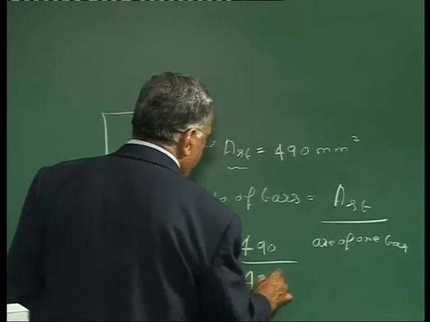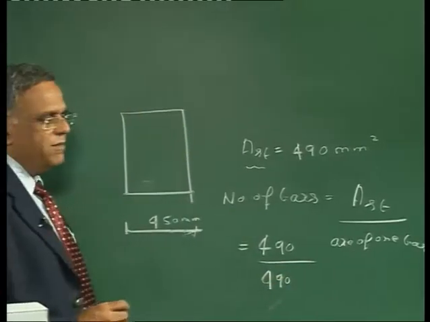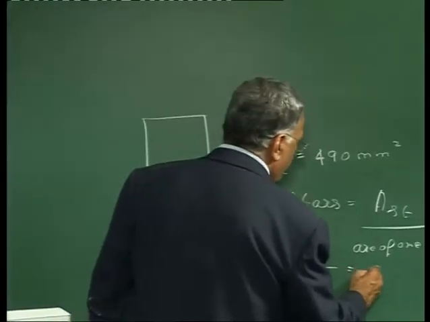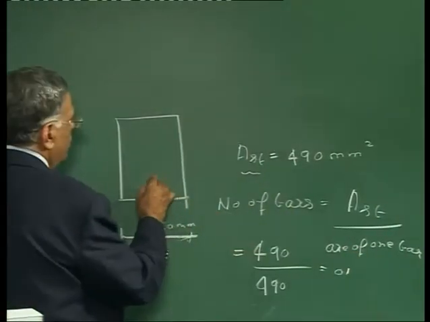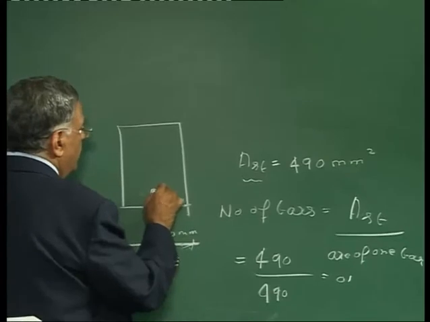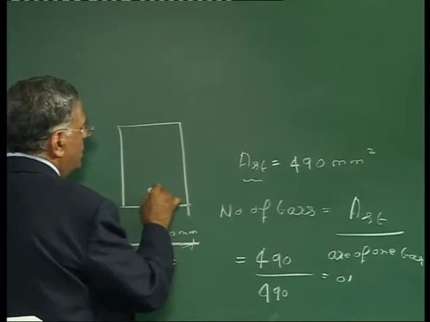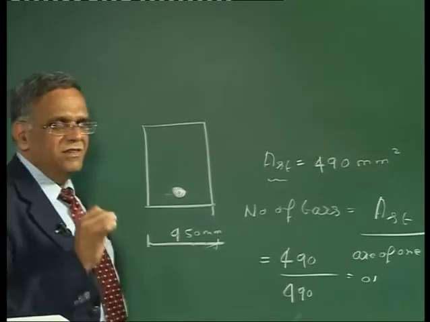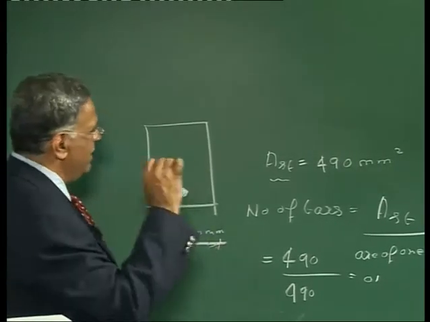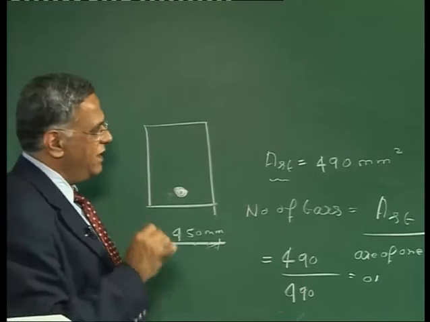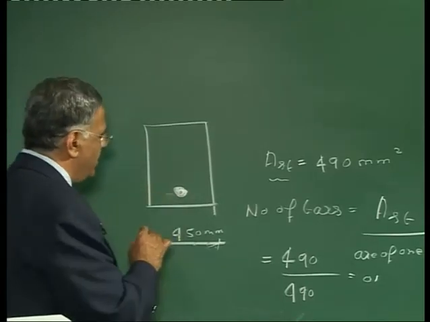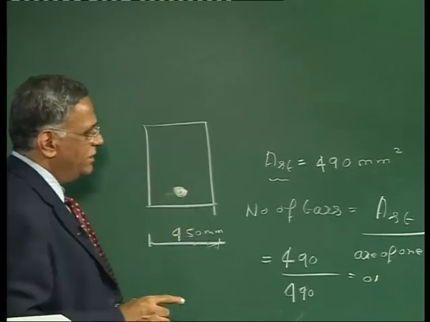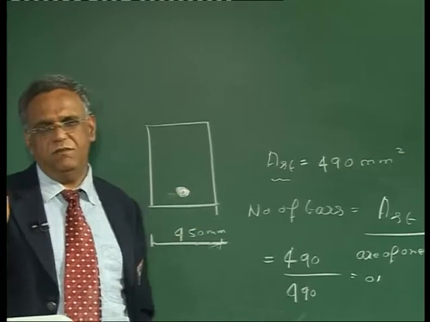The 25 mm diameter bar has an area of 490 mm square. So the number of bars required is 1 only. Without any knowledge of cracking, just by knowing the theory, I have decided to use one 25 mm diameter bar to take care of the flexure.